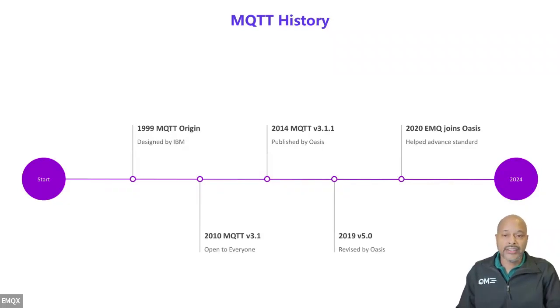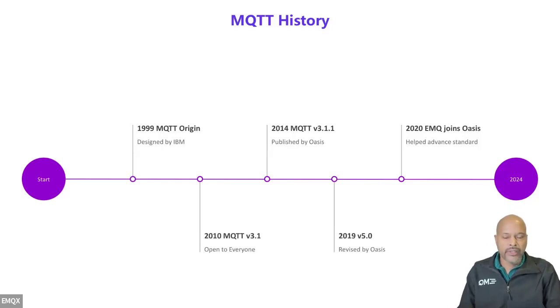In 2019, version 5 was released, which is now the latest version of MQTT. There are a lot of good improvements, enterprise-level improvements I would say, within version 5. And so in today's discussion, most of what I will talk about applies to version 5.